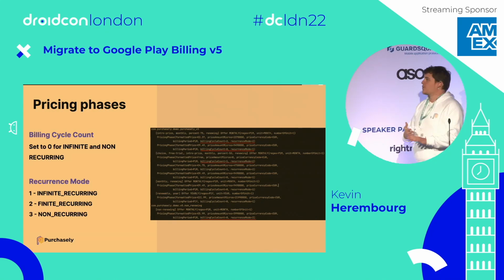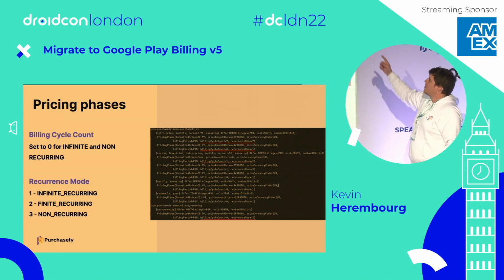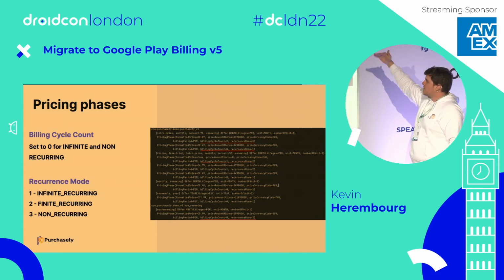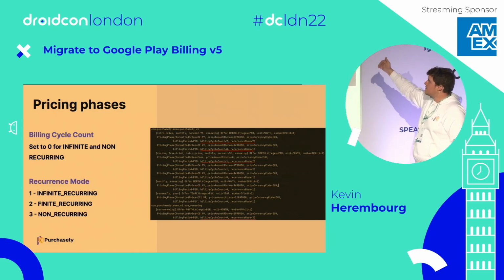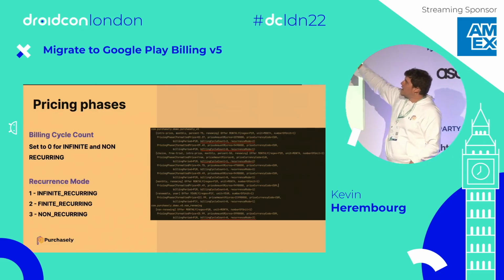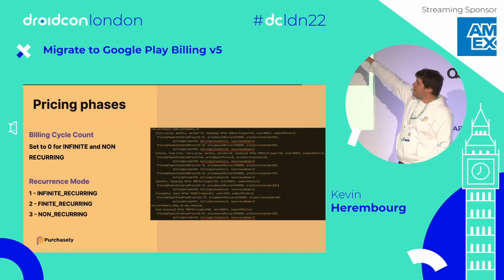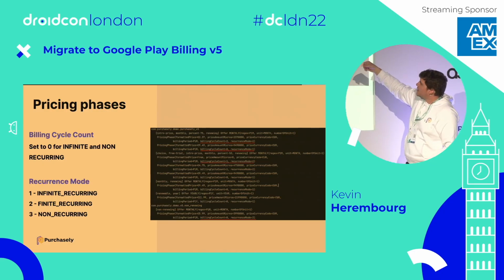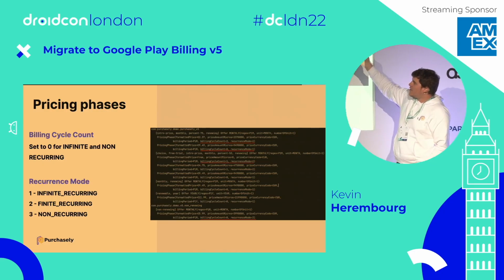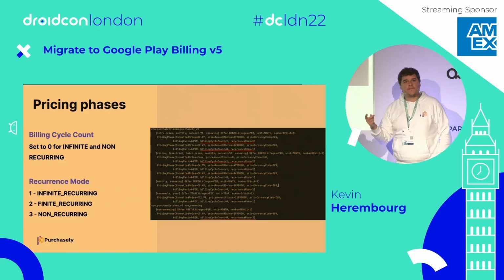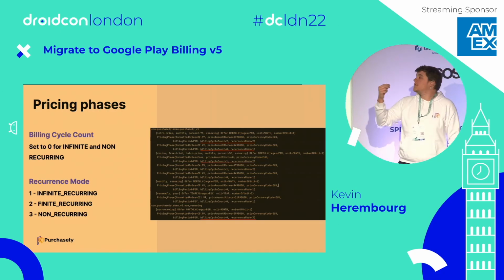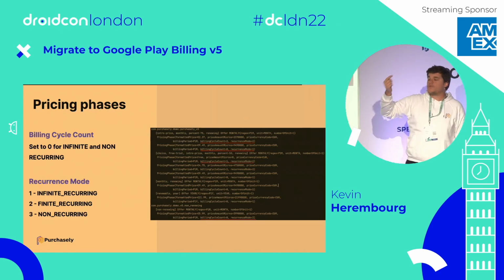What does it look like in your code? So this is my logcat. I made small logs of everything happening on my product. I showed you the purchase list v5 that I created for this demo, and as you can see, I have something called pricing phase. Pricing phases are inside the offer you provide to your user.